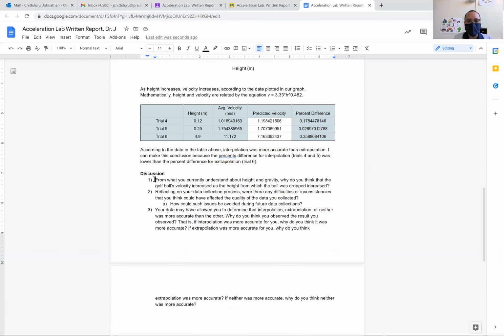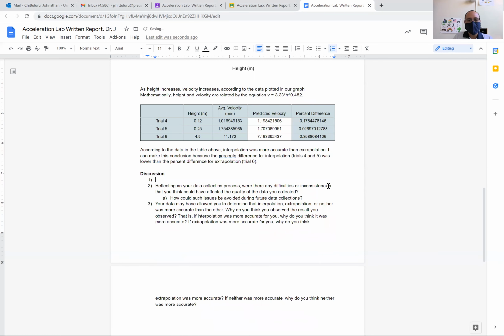All right, in the discussion: from what you currently understand about height and gravity, why do you think the golf ball's velocity increased as the height from which the ball dropped increased? Okay, so as the ball gained height, the ball gained additional time to accelerate.